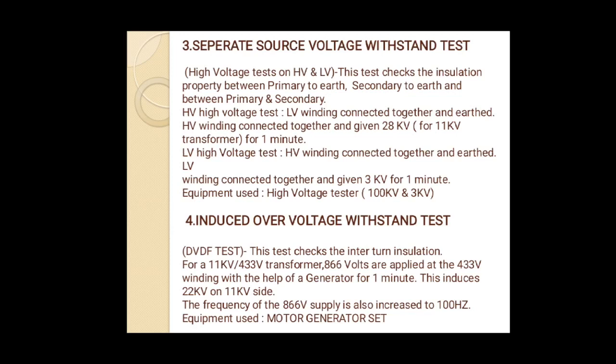This induces 22 kV on the 11 kV side. The frequency of the 866 volt supply is also increased to 100 Hz. Equipment used is a motor generator set.